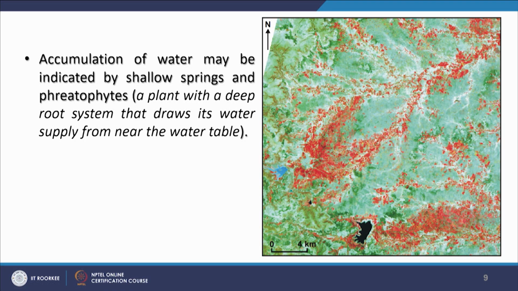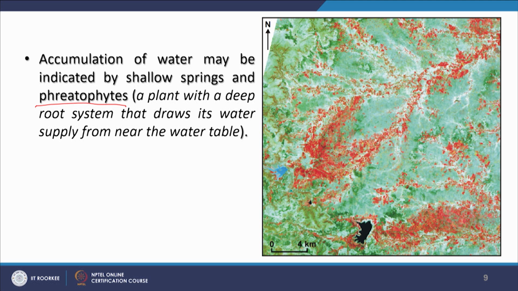Accumulation of water may be indicated by shallow springs and pteridophytes. There are some plants with a deep root system that draw a water supply from near the water table. So if some field investigation is being done and people find these kinds of plants, pteridophytes, which draw water from deep in the aquifer, that is an indication that water is available there.